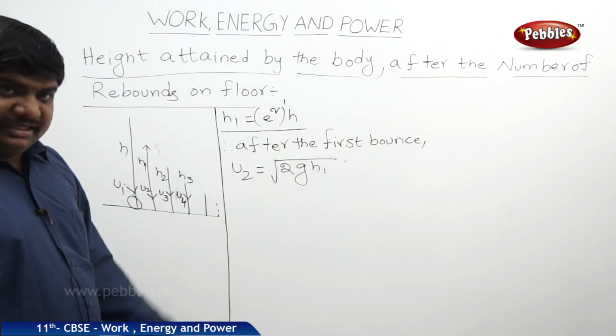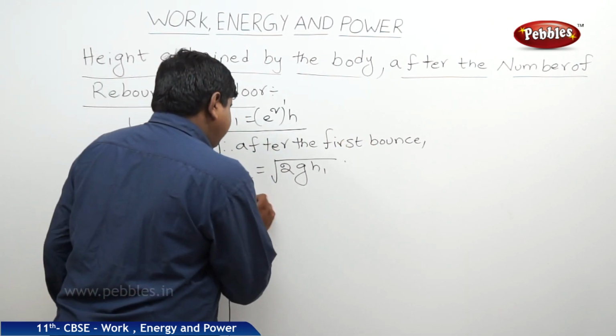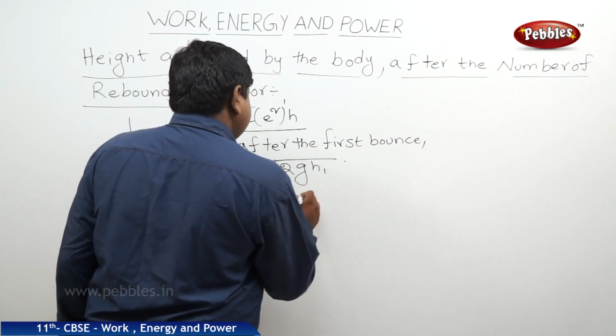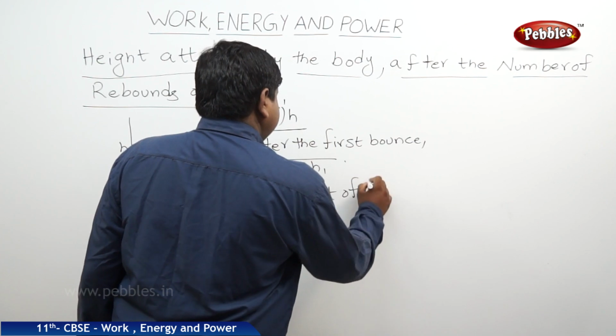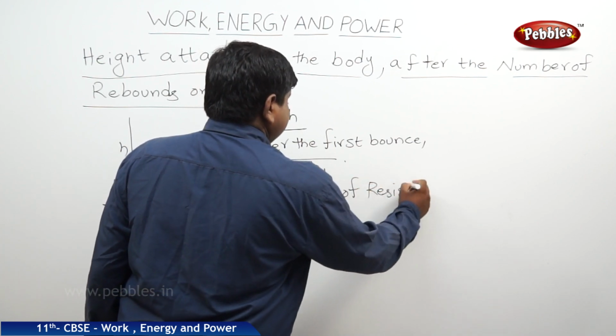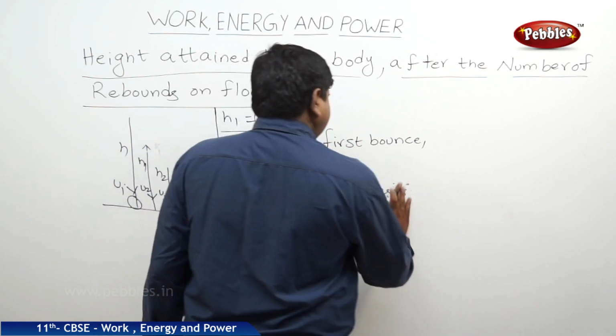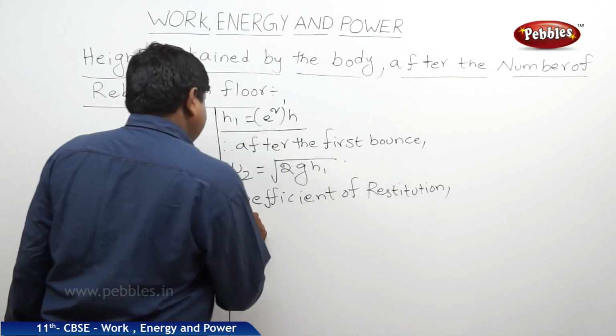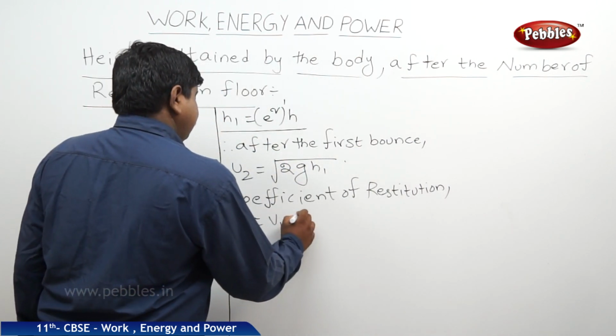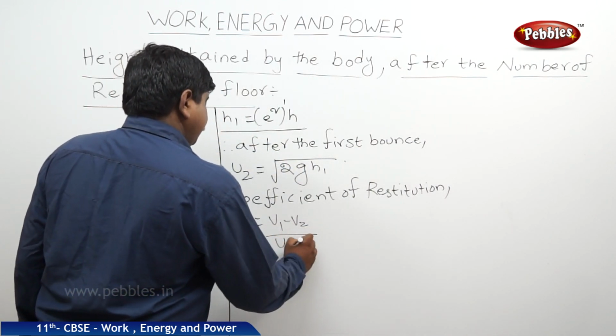If velocity changes like this, the coefficient of restitution e is equal to v1 minus v2 by u2 minus u1.